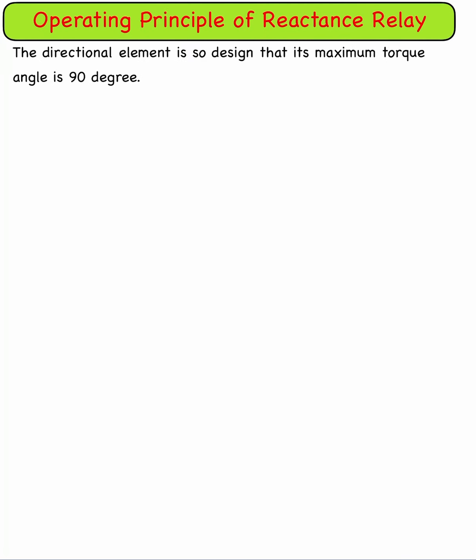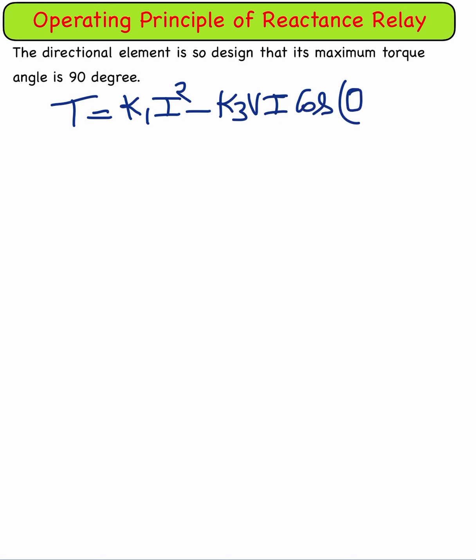So the operating principle of the reactance relay means the directional element is designed so that the maximum torque angle is 90 degree. So we know the universal torque equation, that is T is equal to K1 I square minus K3 VI cos(theta minus tau), where the angle tau is 90 degree.